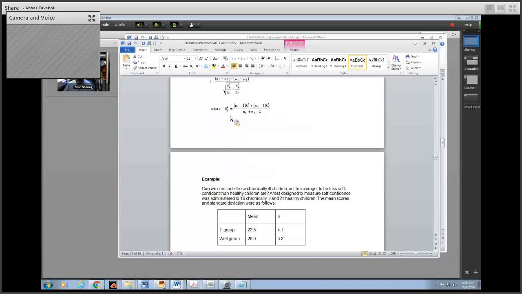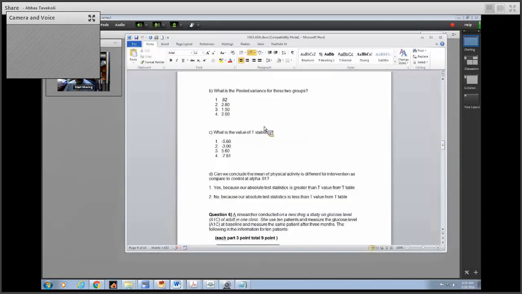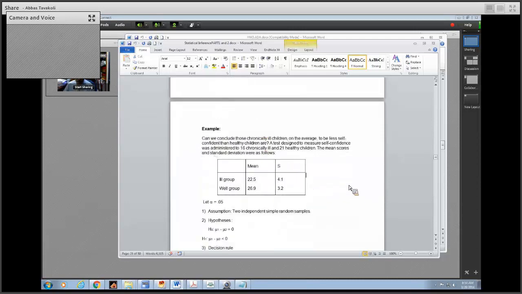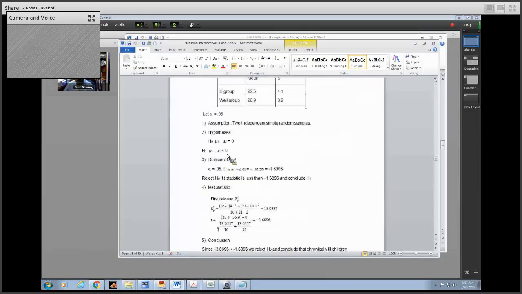So I ask you to calculate the pooled variance. Again, if you look at the formula for pooled variance as you did before, here is your pooled variance. You can calculate it.